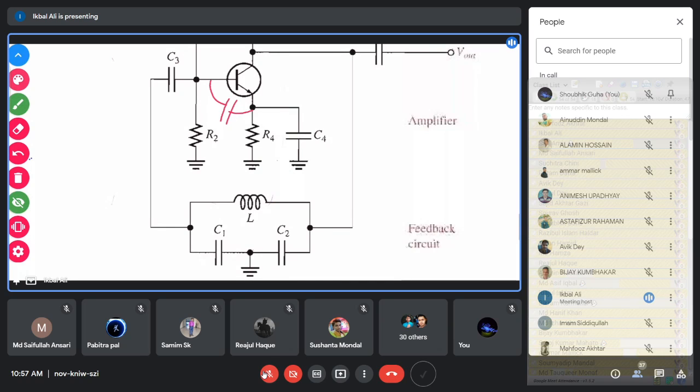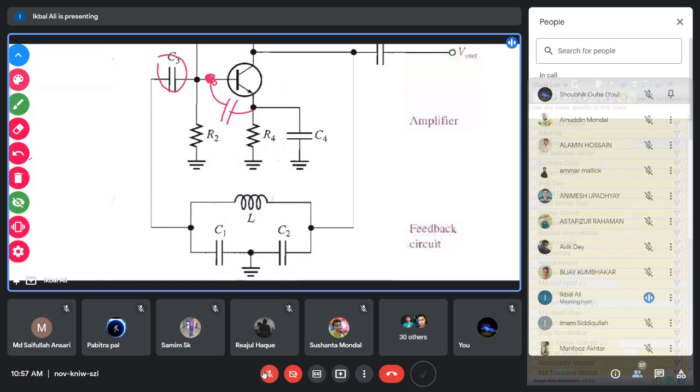One end of this capacitance is connected at the base terminal here. For the AC operation, this input blocking capacitance is short circuited. It can easily pass AC, and a capacitor actually performs only the AC operation.